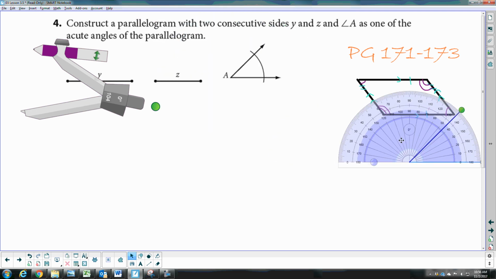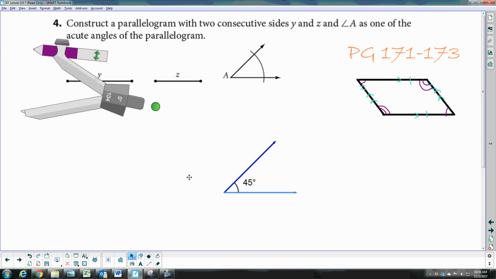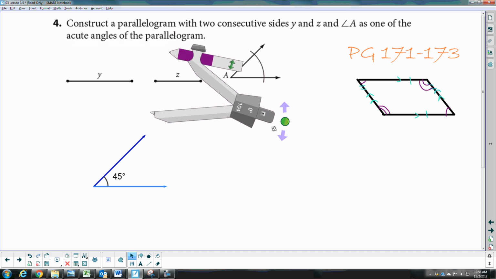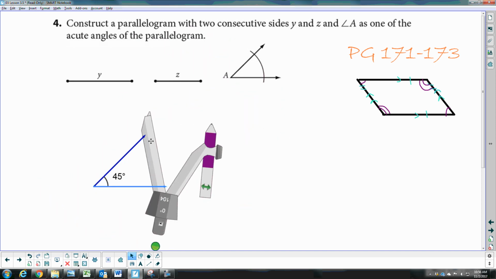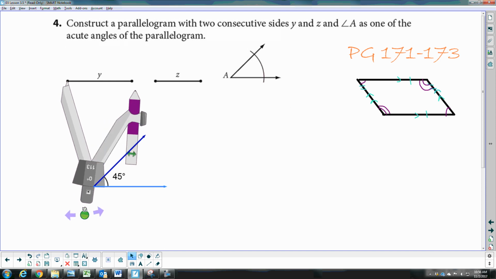Okay. So here's angle A, it's 45 degrees. And we want one of the sides to be y and one of the sides to be z. So let's start there. Let's get one side and the other side.